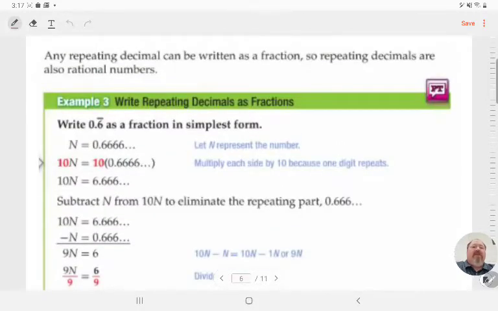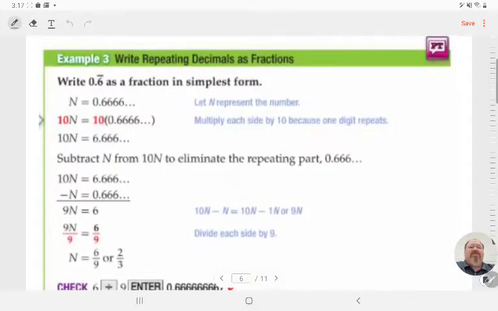All right, so now we're going to look at repeating decimals and how to write them as fractions. So we are to write 0.6 repeating as a fraction in simplest form. All right, so step 1. We are going to create an equation, and we're just going to say n equals that repeating decimal, 0.6 repeating.